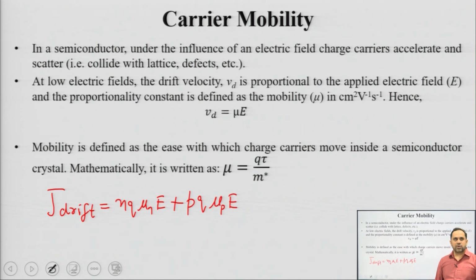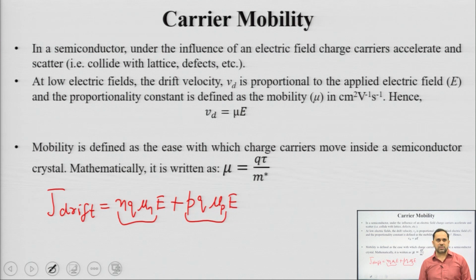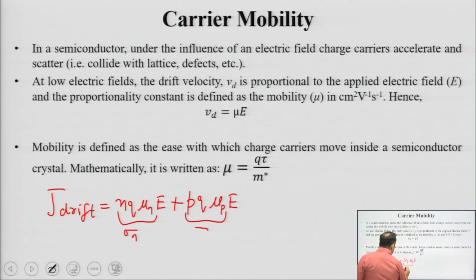Today, first of all, I want to do a small discussion on the topic of carrier mobility. If you see this parameter here, there is some similarity both for electrons as well as holes. Obviously, they depend on the applied electric field, but the value of current density is actually controlled by the material properties. This is the conductivity. n q mu n is the electron conductivity, p q mu p is the hole conductivity.